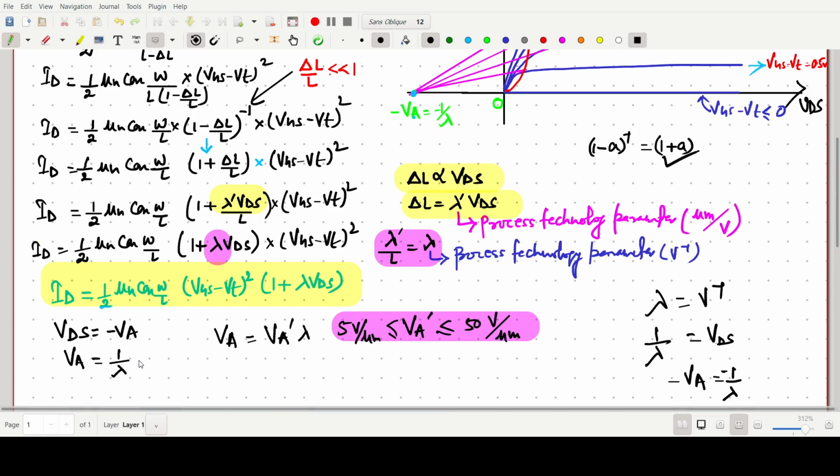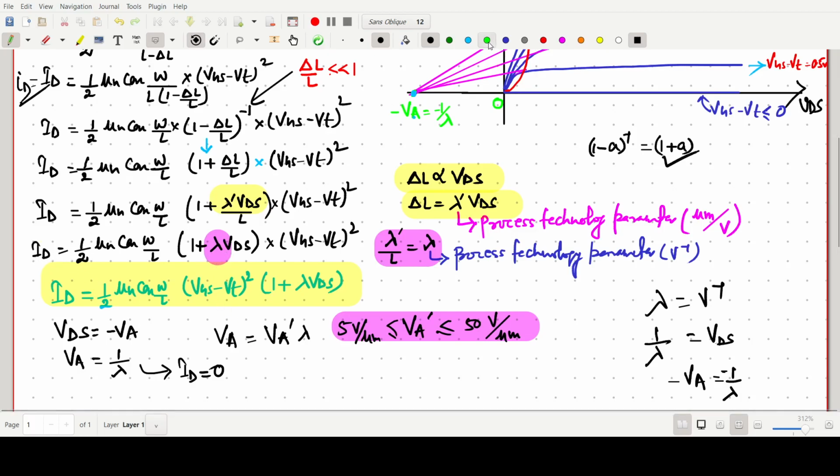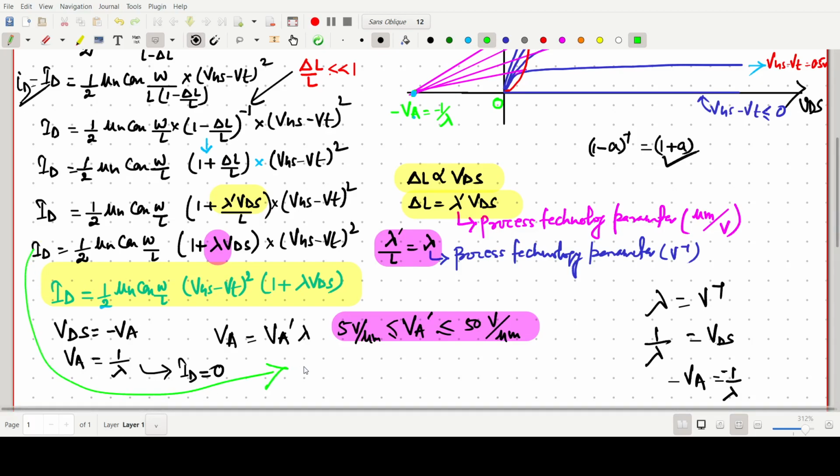This is also a very important point. For this point, the drain current ID value will be 0. Sometimes it is written with a capital letter, or in that book you can also write a small id. So when ID is 0, we can simply find this using the expression: 1 plus lambda VDS equals to 0.